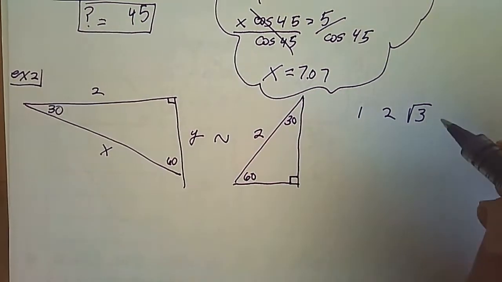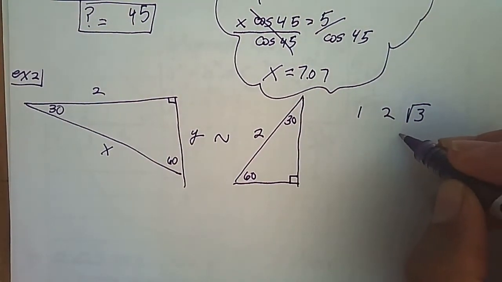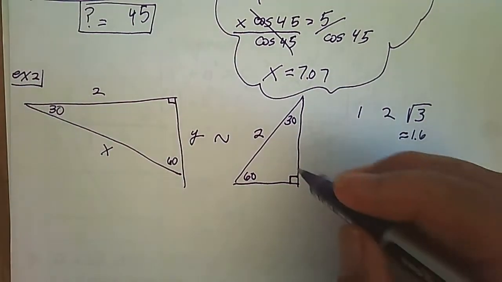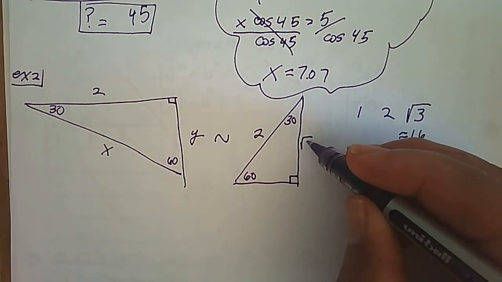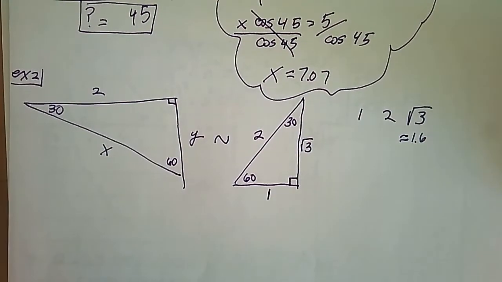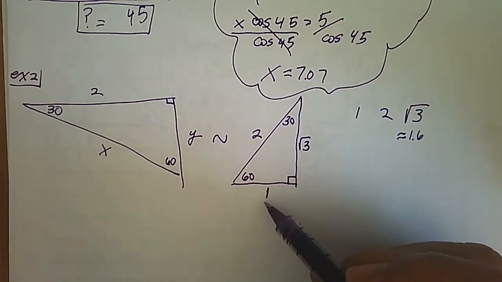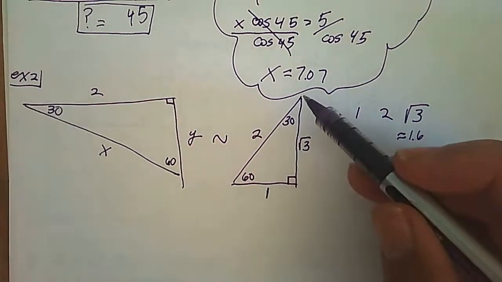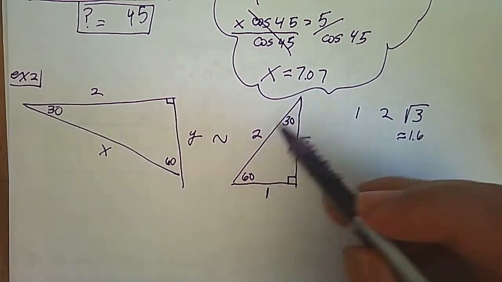The next biggest number is radical 3, and 1 is the smallest number. Now, remember, these are the legs. One is the short leg, radical 3 is the longer leg, and 2 is the hypotenuse.